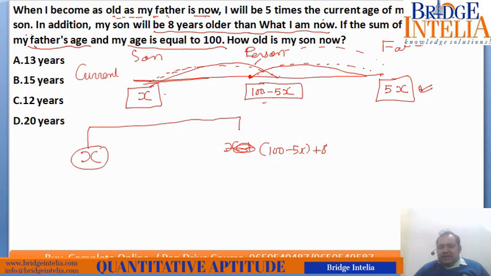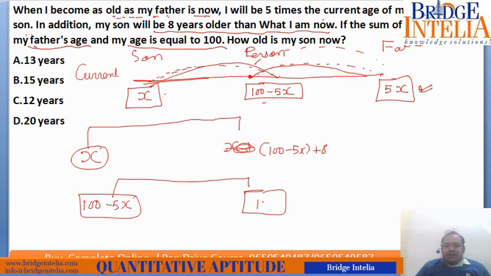So his current age is 100 minus 5x. So he says that in the time I move from 100 minus 5x to 100, my son moves from x to this much. So it means this gap is exactly equal to this gap. Gap means difference.